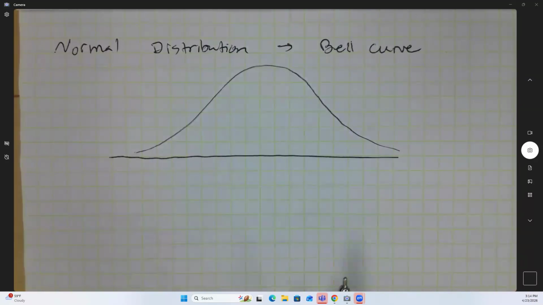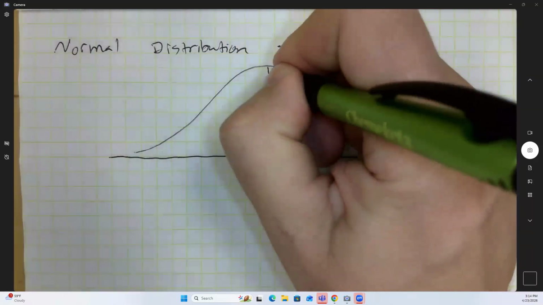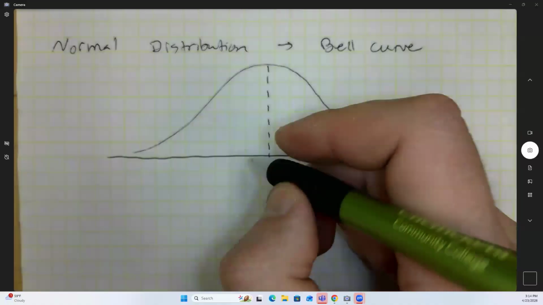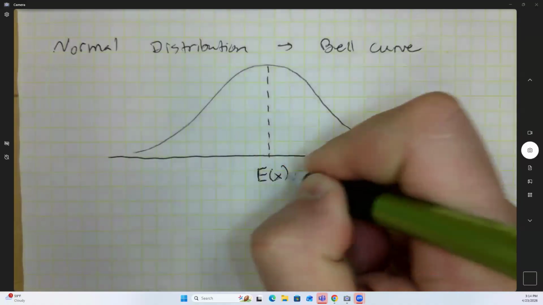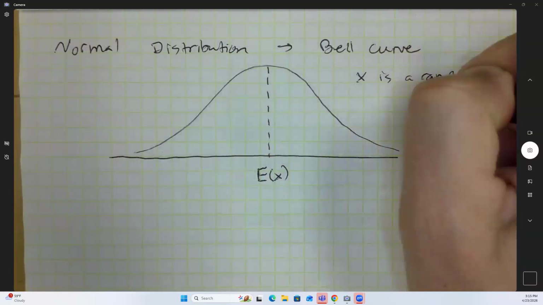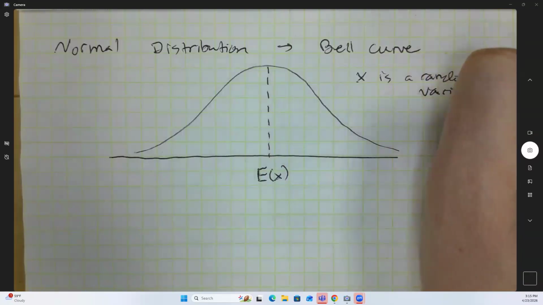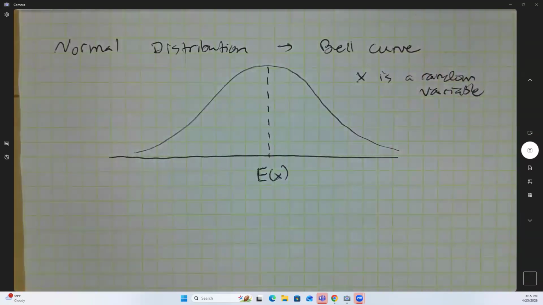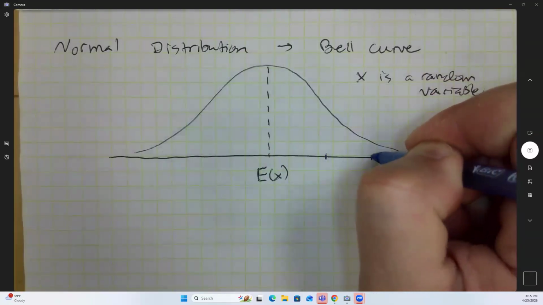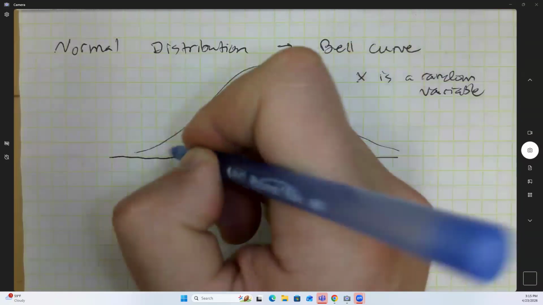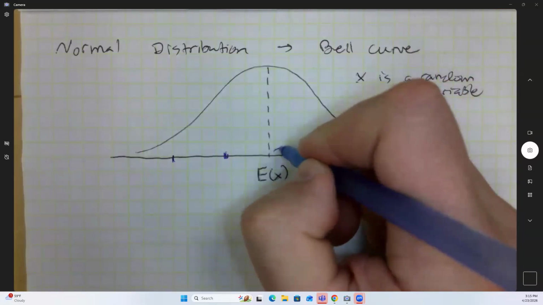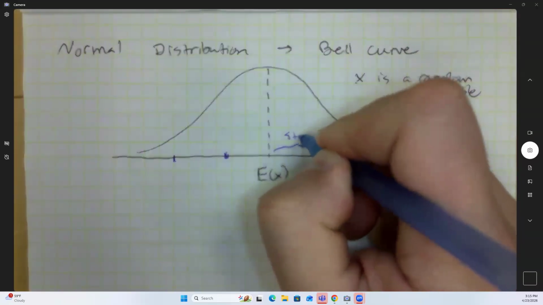The nice thing about bell curves is they're symmetric. So they have a great mean. Here I'm going to use expected value of x for the mean. And bell curves are one of those special distributions where just about 95% of the probability, or another way to put it, 95% of the area, is between two standard deviations.